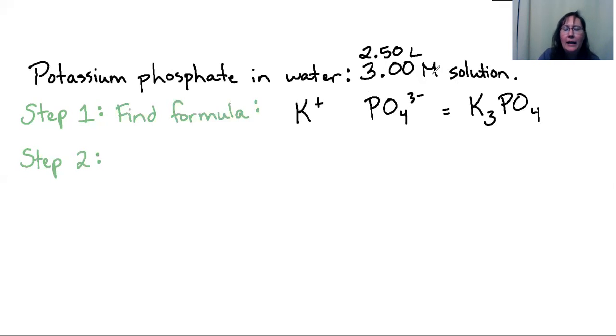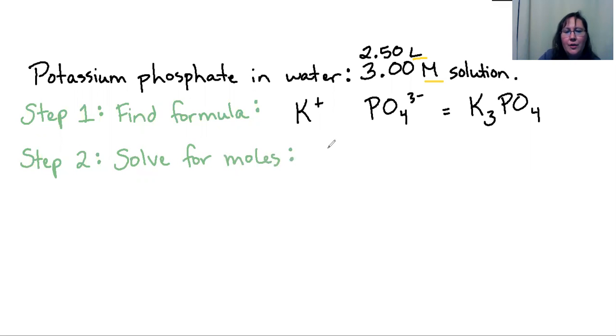Okay, so now our step 2 is, see how we have a molarity here, and we have a volume here. So our step 2 is to solve for number of moles. Solve for moles.